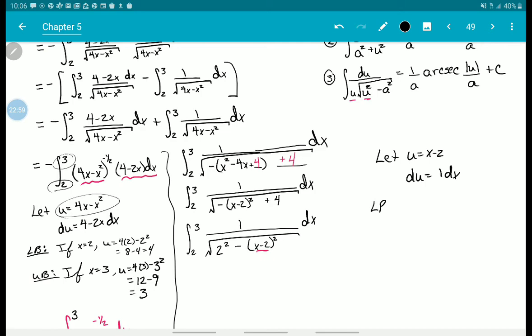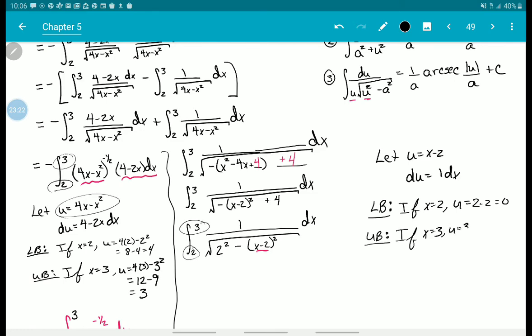Let's change their bounds. So if x is equal to 2, that's coming from the original, then u would be 2 minus 2, which is 0. And then upper bound, we're starting at 3, coming from the original again.